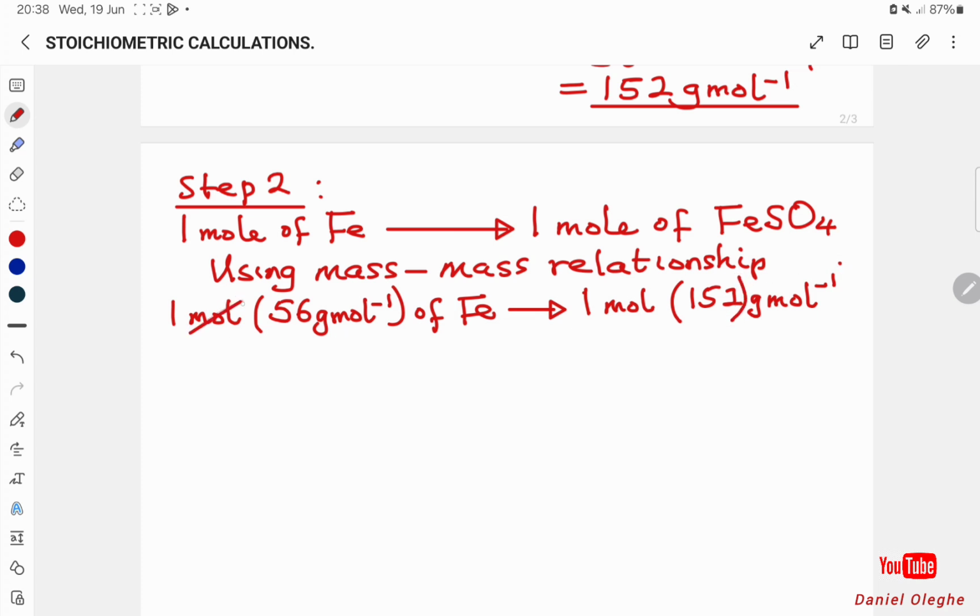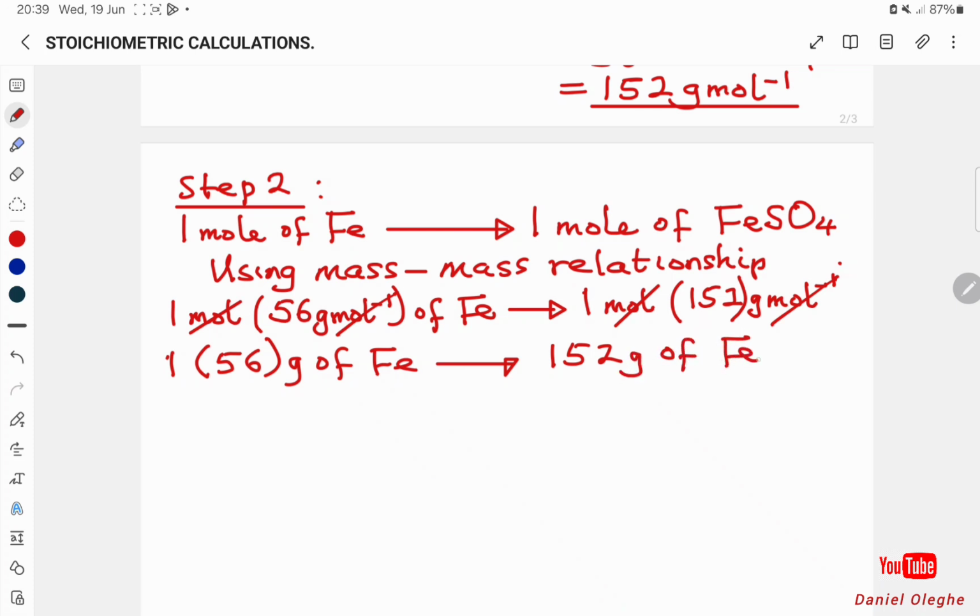So let's cancel the mole. They delete each other as follows. Therefore we have 1 times 56 gram of iron reacting to produce 152 gram of FeSO4.